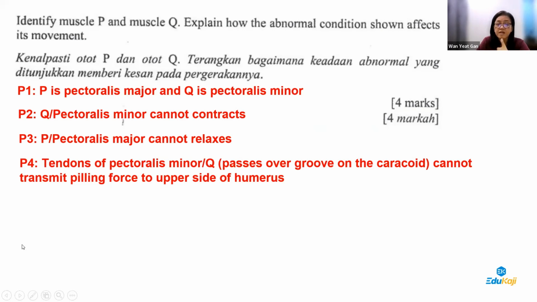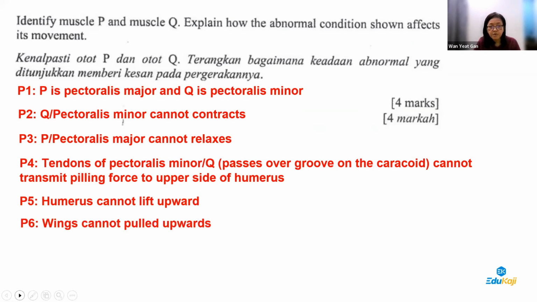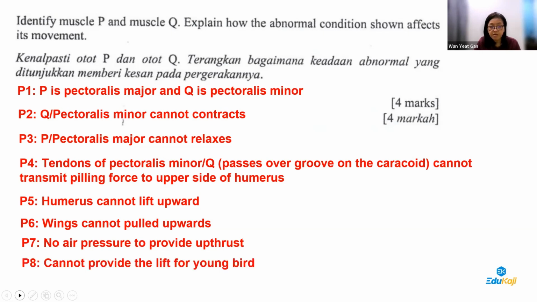So the tendon cannot transmit the force to the humerus, the bone. Therefore the bird cannot lift up its wing. There's no upward lift of the wing, because the muscle cannot contract and relax to pull the wings up. So the wing cannot be pulled upwards. No air pressure is there to provide the upthrust, and the bird cannot provide the upward lift. The young pigeon cannot fly.